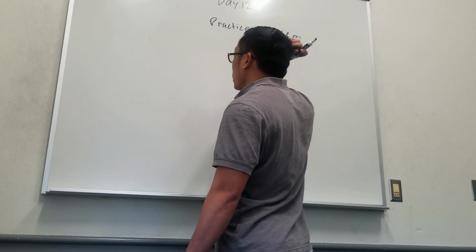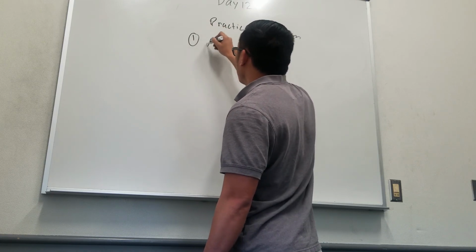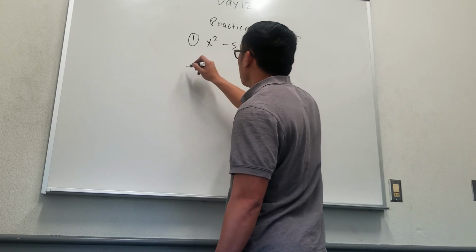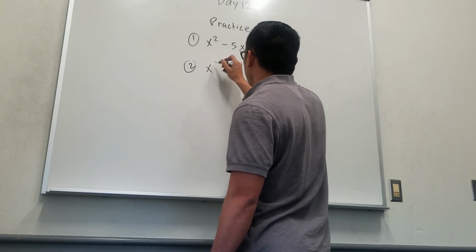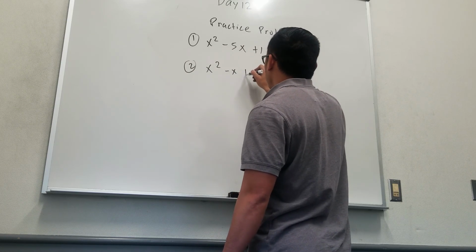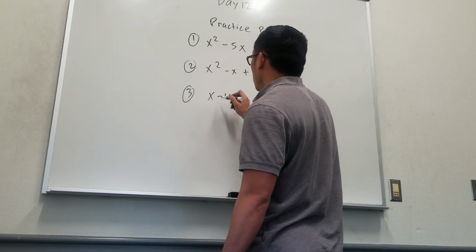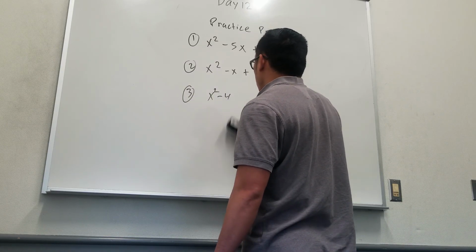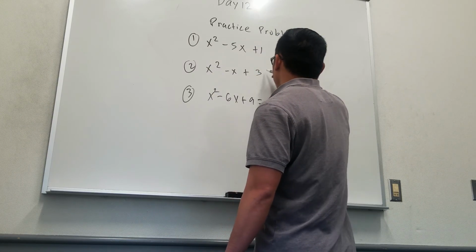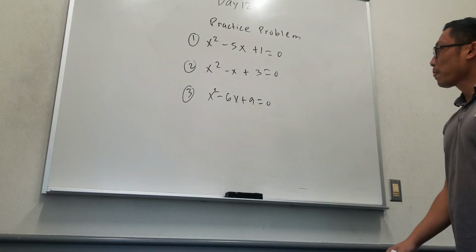If you don't get it, it's okay. 1: x squared minus 5x plus 1. 2: 2x squared minus x plus 3. And 3: x squared minus 6x plus 9 equals 0. So try this out, pause the video if you need to.